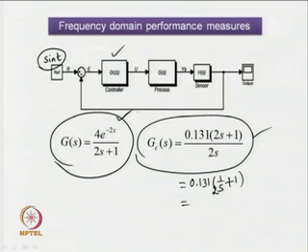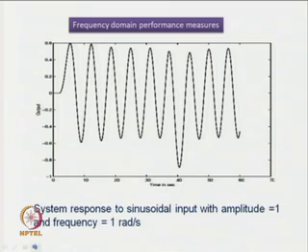Now, when the input to this series compensation scheme is sin t, what sort of output do we expect from this arrangement? The output can be of this form. Now, it is very difficult to make out what the system output is giving us.